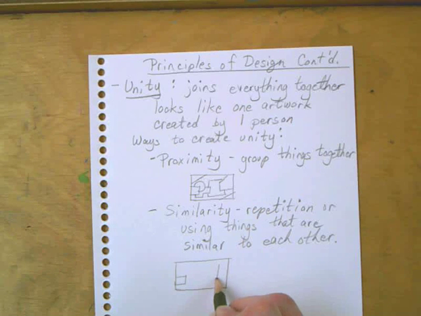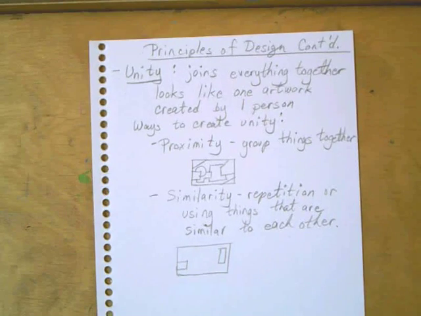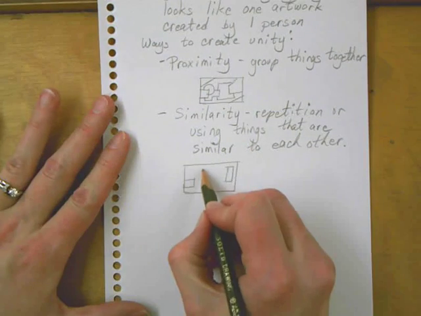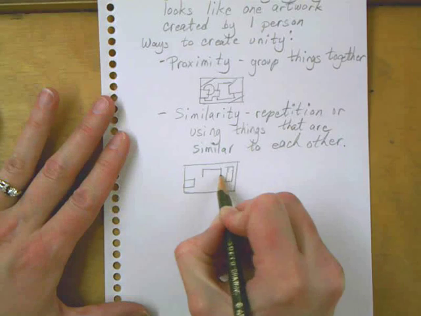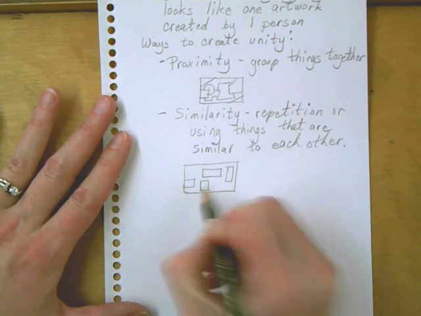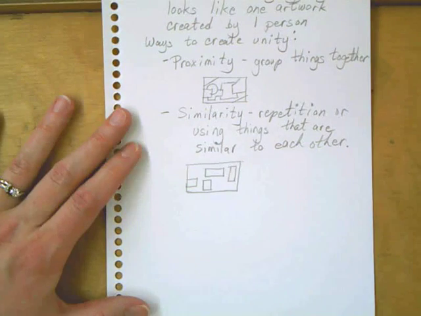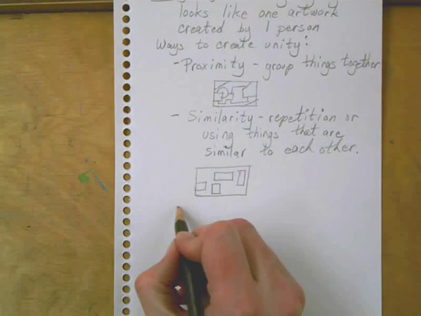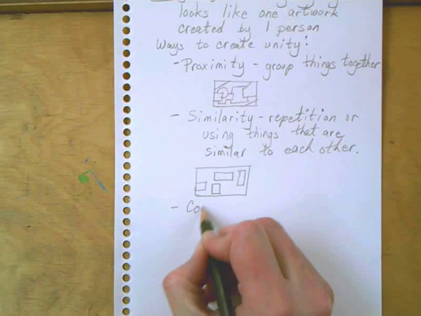So if I use a rectangle there, and I repeat that rectangle, but I put it vertical and over here, they're similar, so that's going to tie things together. And then I'm going to put another one here, and another one there. So I've repeated things that are similar, but not exactly the same.